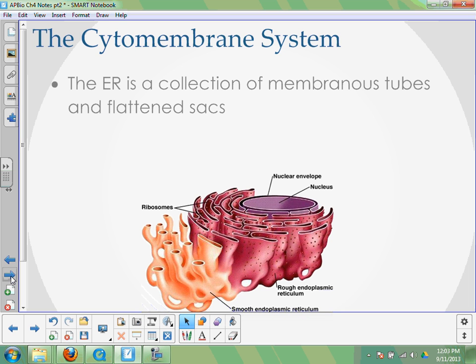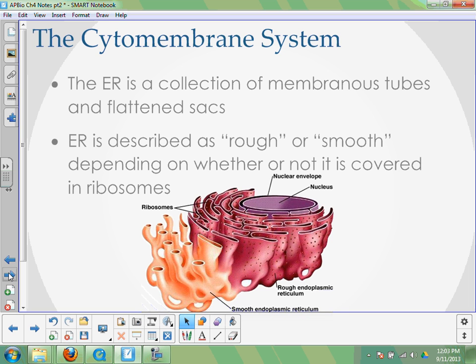Well, the ER, like we said, it's more like sacs and tubes that are all kind of flattened out in there. And when we see that cross-section, that's where we just see the line structure. But these sacs and tubes are very important for helping the cell process proteins and lipids. We call the ER either rough ER or smooth ER, depending on whether or not it's covered in ribosomes.